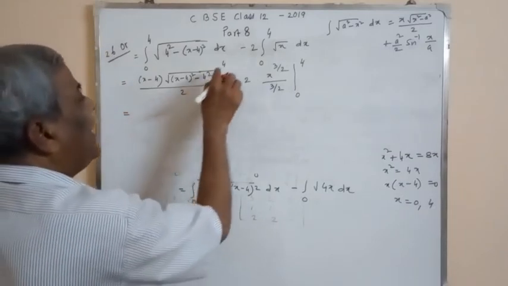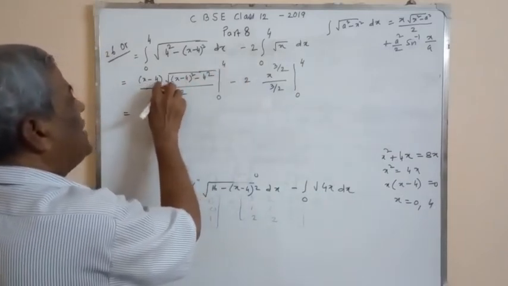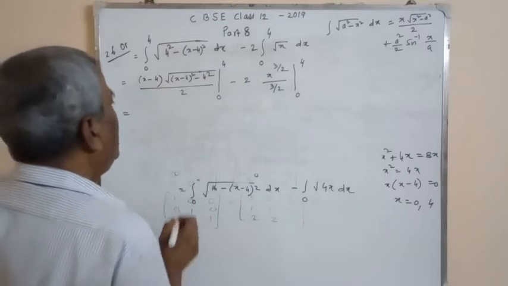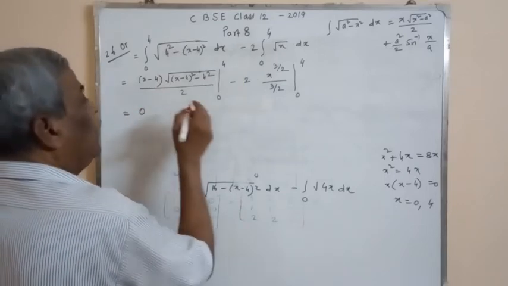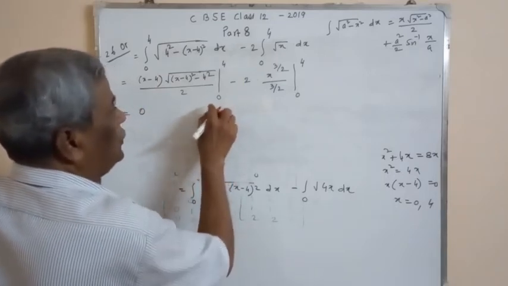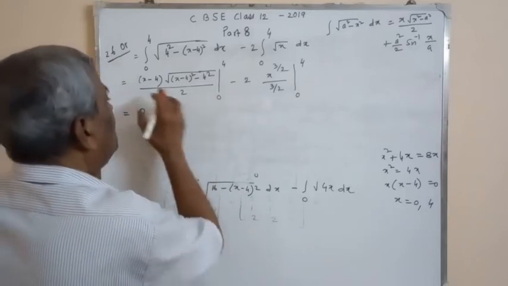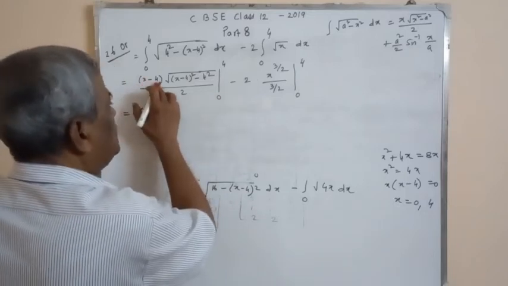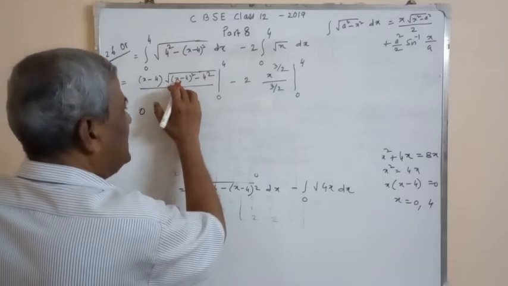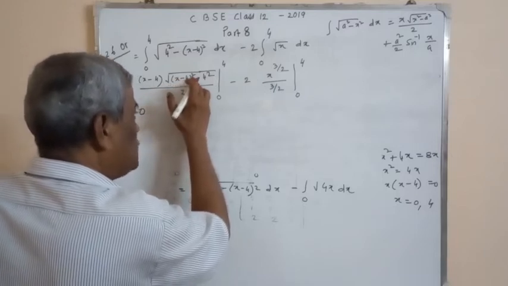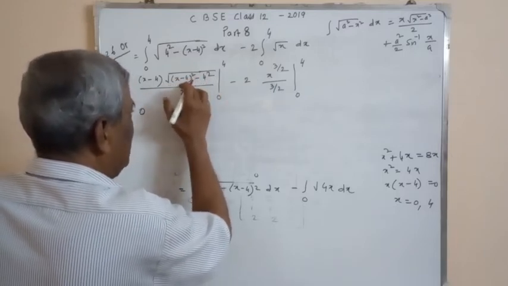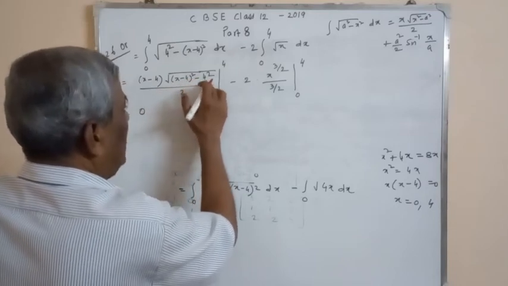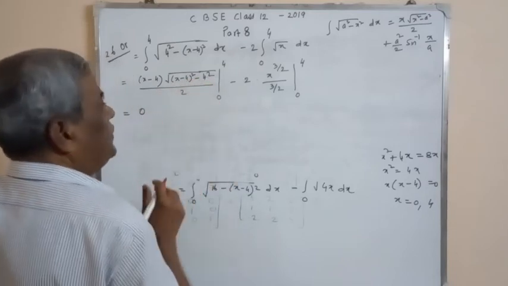Now putting the upper limit, this becomes 0, so the whole thing is 0. Putting the lower limit, x is equal to 0, it is minus 4, minus 4 whole square, minus 4 square, so it is 0.